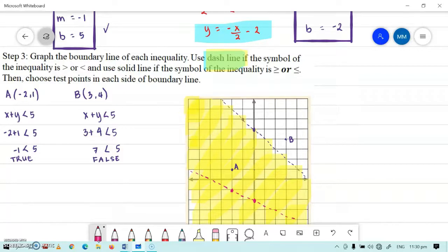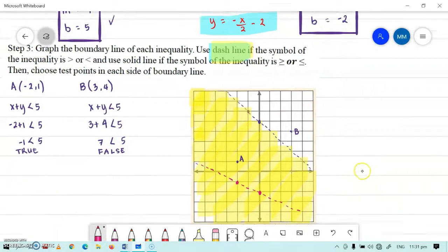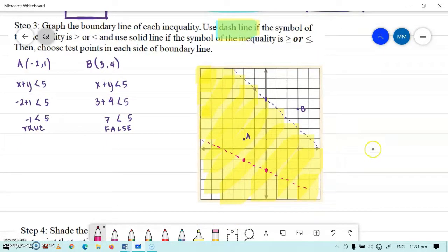The pink boundary line is for the second inequality. So next step will be identifying test points for the second inequality.